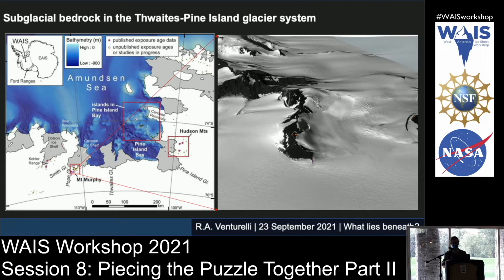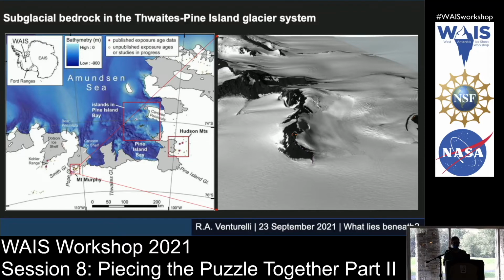Some of the work that I'm part of, the Thwaites Glacier collaboration, is shifting my focus from the Siple Coast region to the Thwaites Glacier region, and looking at whether or not Thwaites and Pine Island glaciers were smaller than present in the Holocene.